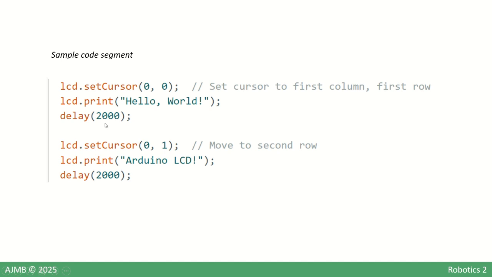You want it to stay on the screen for 2 seconds, or 2000 milliseconds. After that, another set of text will appear on the second row because you put here setCursor 0, comma 1. That's column 0 and row 1. What you want to appear there is "Arduino LCD", the text inside the parentheses, and you also want to wait for 2 seconds. If this is inside void loop, then the loop starts again.